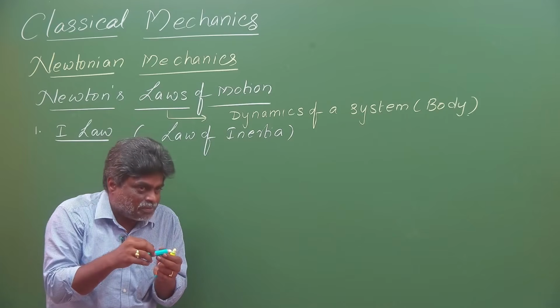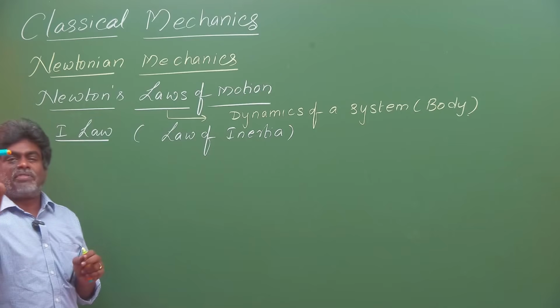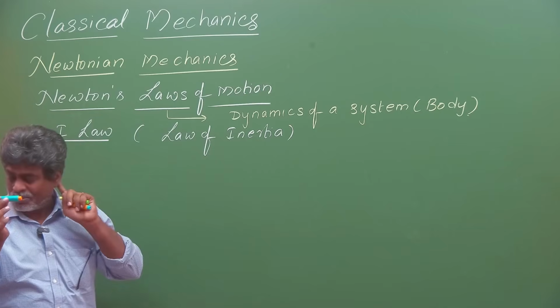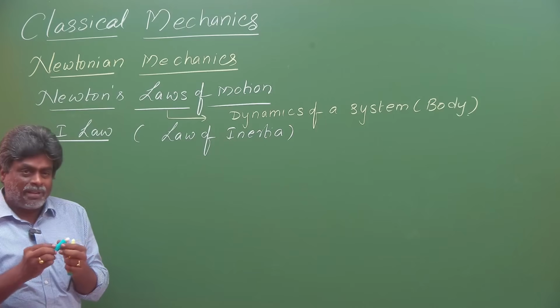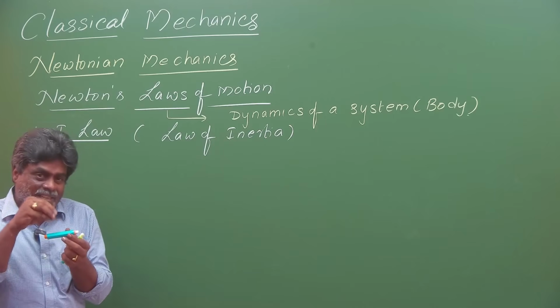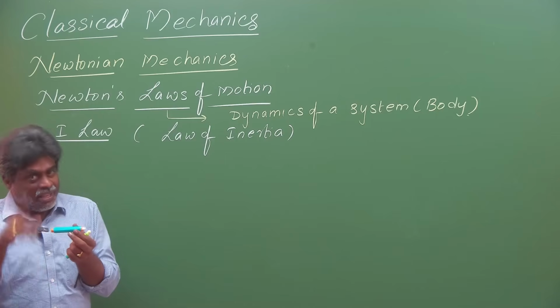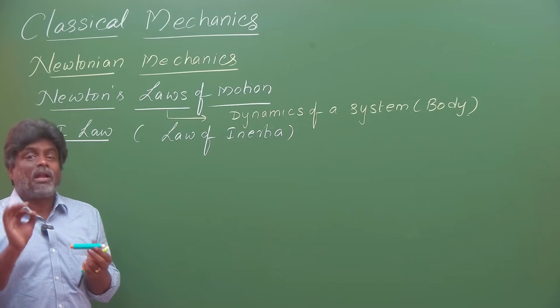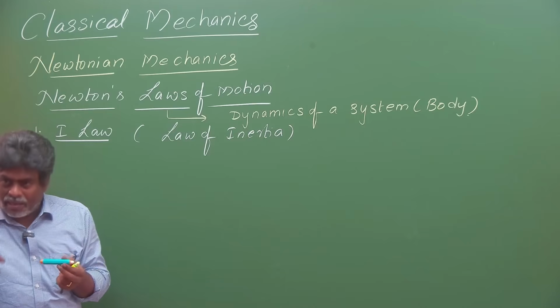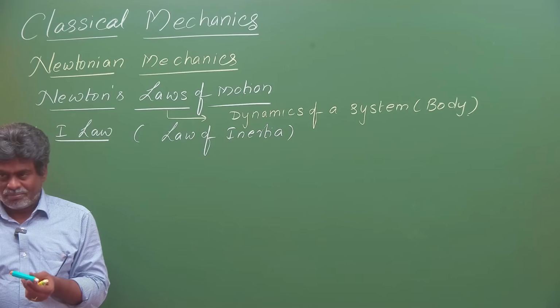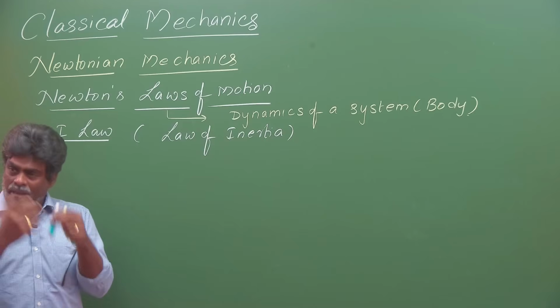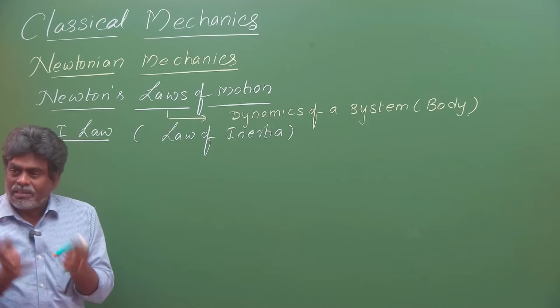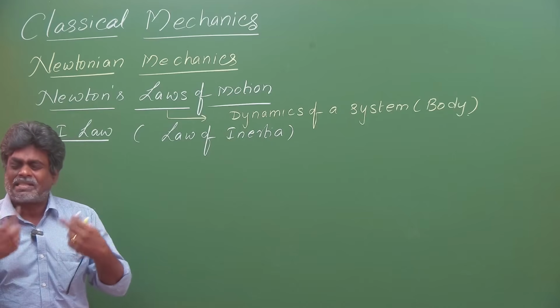Then what will happen? If it is already at rest, it will be at rest only. If it is already in motion, it will be in that motion only, unless it is compelled by an external force. Unless and until you exert some external force on that body, only then will it change its state of motion.